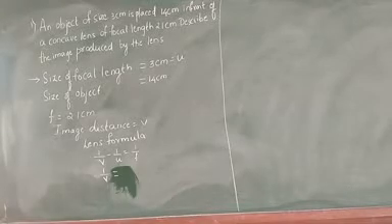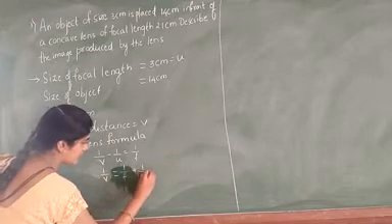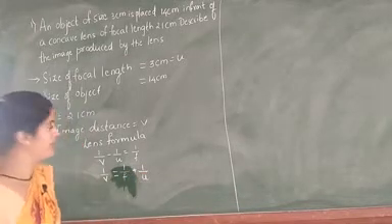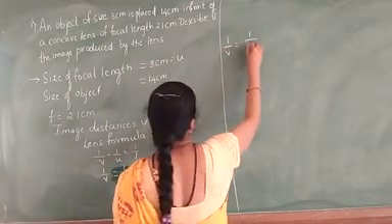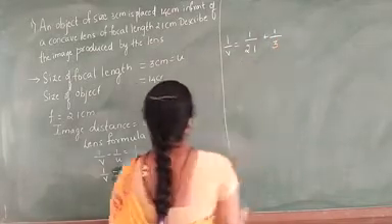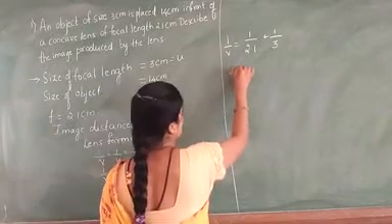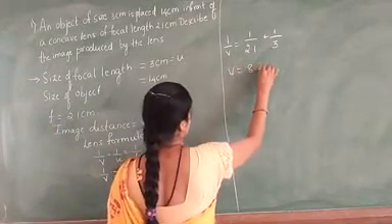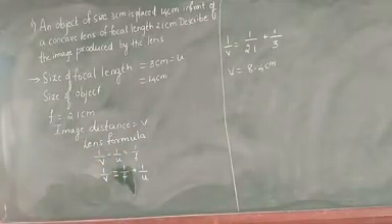Next, the formula: 1 by V is equal to 1 by F plus 1 by U. Put the values of F and U. 1 by V is equal to 1 by 21 plus 1 by 3. Now here we have to calculate the value of 1 by V. Therefore we are getting the answer V is equal to 8.4 centimeter.